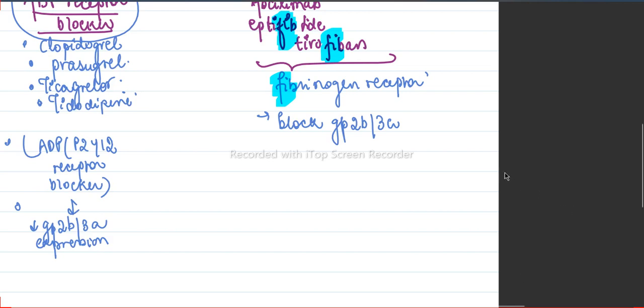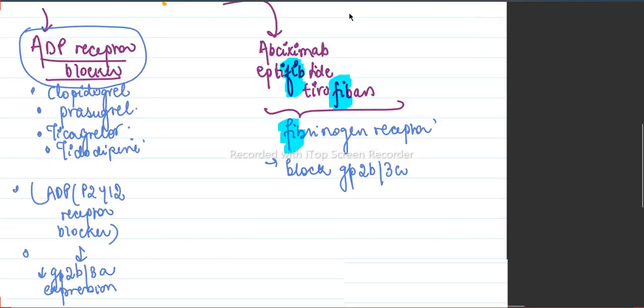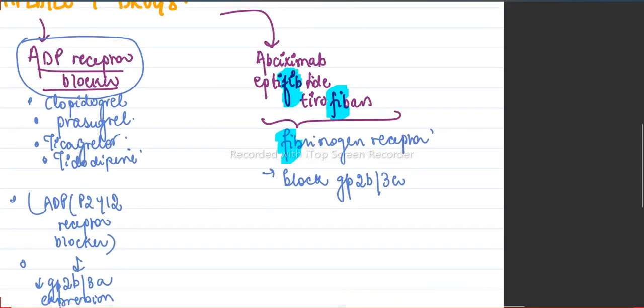Now abciximab, we have AB in the end, so this is a monoclonal antibody. In reality, this is a monoclonal antibody.